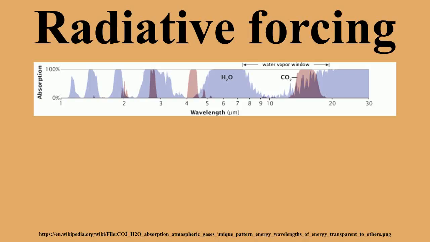In this report, radiative forcing values are for changes relative to pre-industrial conditions defined at 1750 and are expressed in watts per square meter. In simple terms, radiative forcing is the rate of energy change per unit area of the globe as measured at the top of the atmosphere.